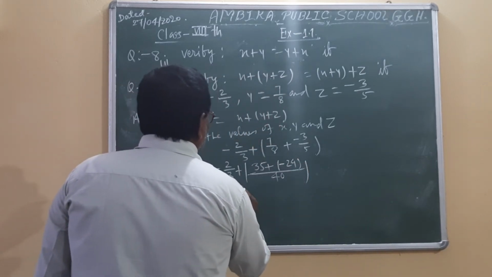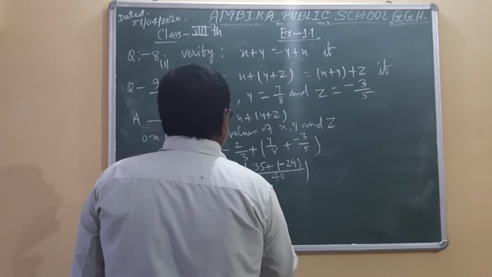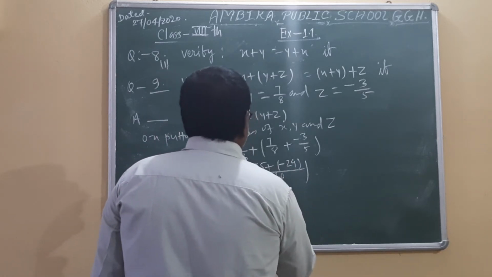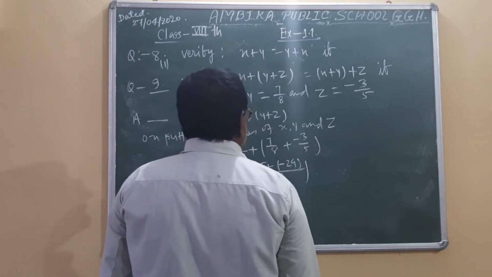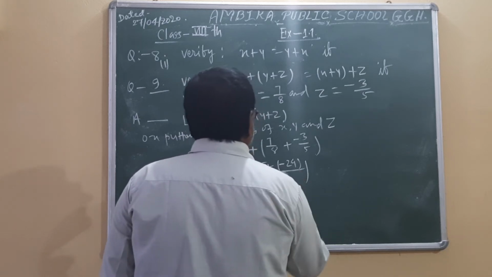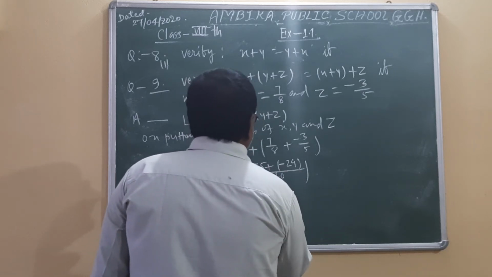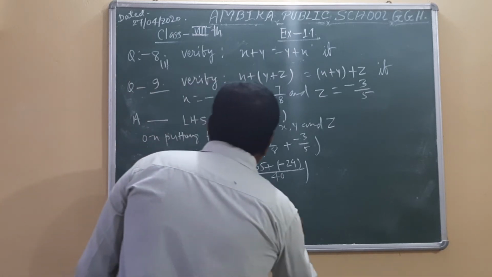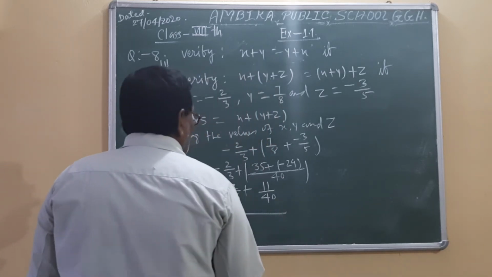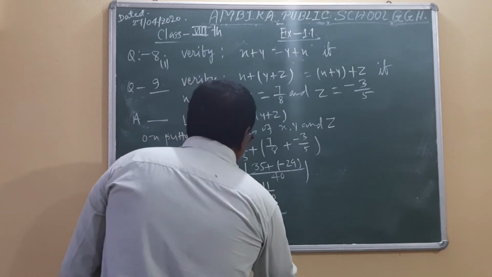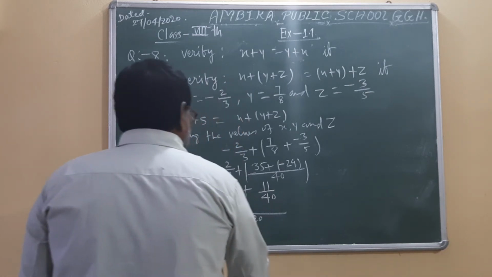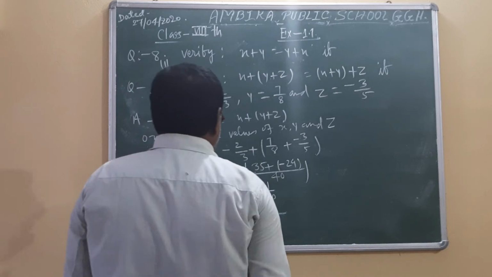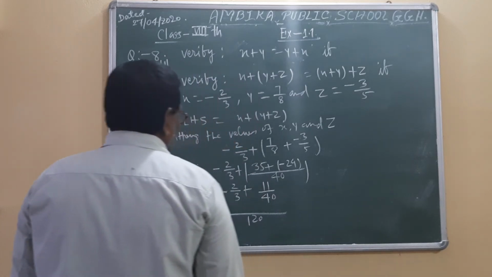Solving minus 2 by 3 plus 35 plus minus 24 is equal to 11 by 40. Again, taking LCM of 3 and 40, we have 120 as LCM and divide 120 by 3, we get 40 as quotient.